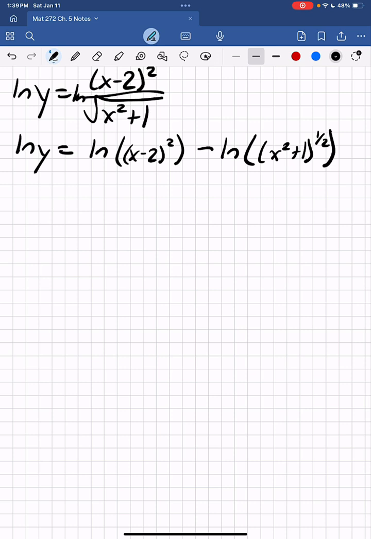So now using that the derivative of the natural log of u is 1 over u times du dx. So here I have the natural log of y. Well, when I take the derivative of that, I get 1 over y times the derivative of y, so y prime.